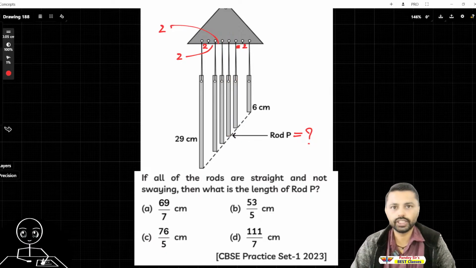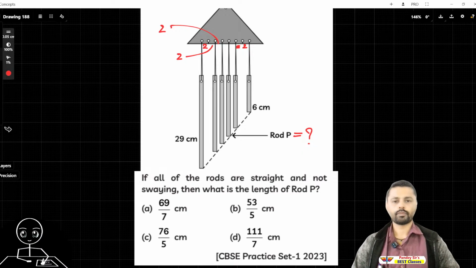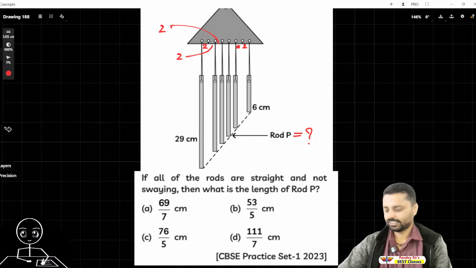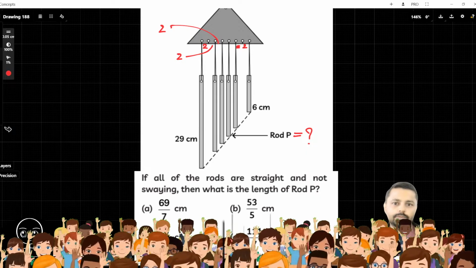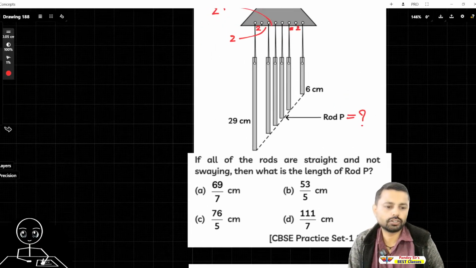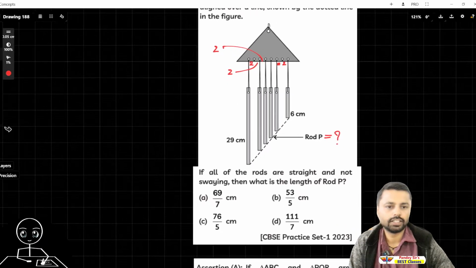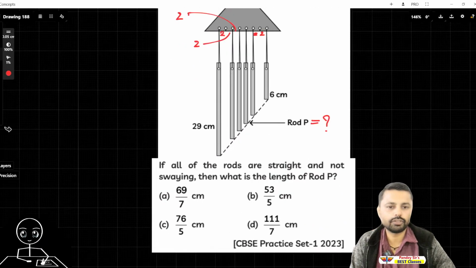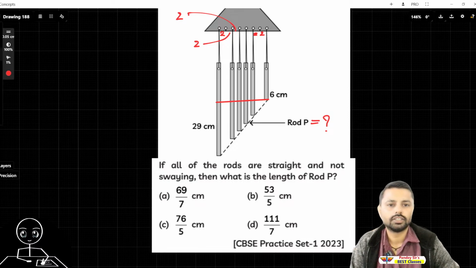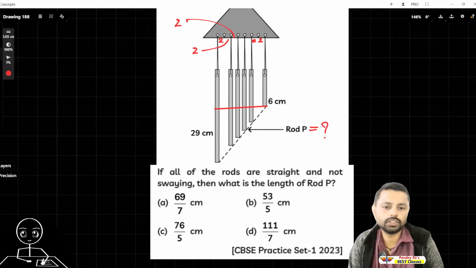Now how will you do it? Think once. If this was in your exam, what would you have done? So I'm going to solve it. Okay, are you ready? You also must try with me. So I actually need to make a modification in this. Let's have it like this angle, and then this total is 29 and this is 6.